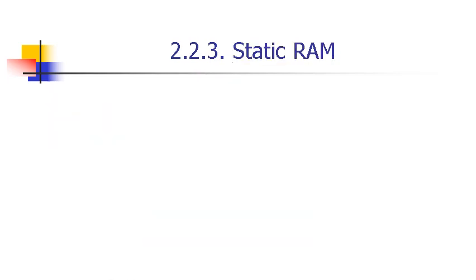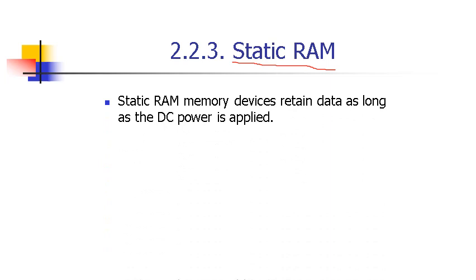Another type of memory chips is the static RAM chip. The static RAM memory device, as with RAM devices, static or dynamic, they lose the data when the power is switched off.